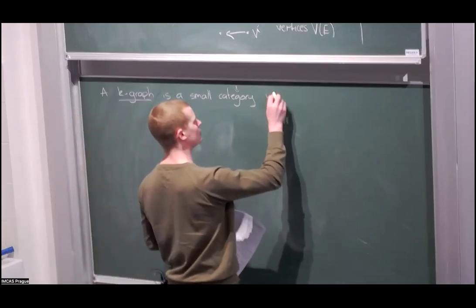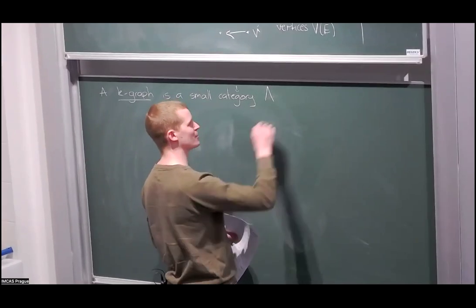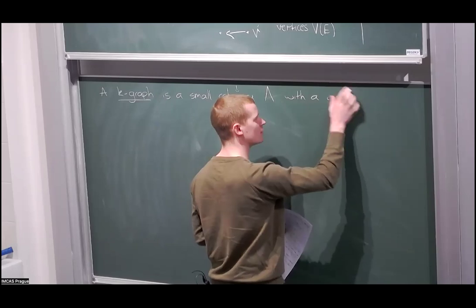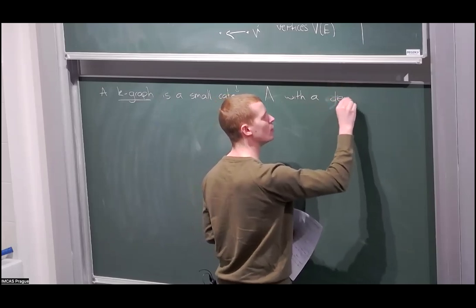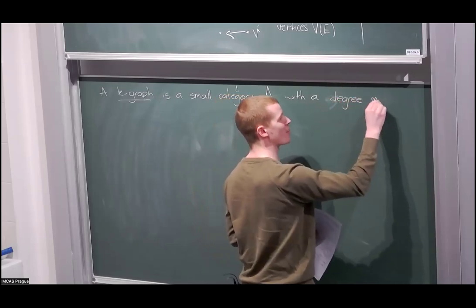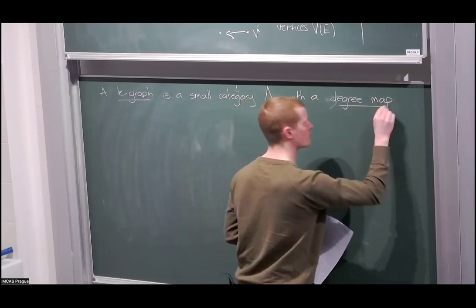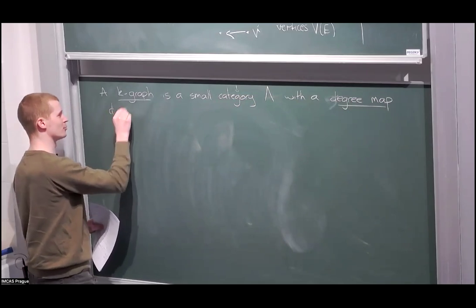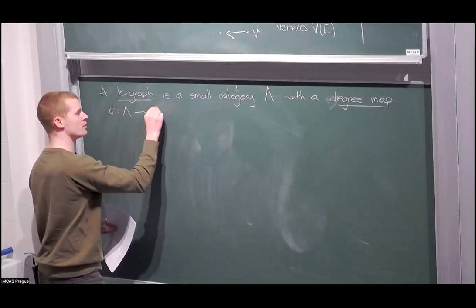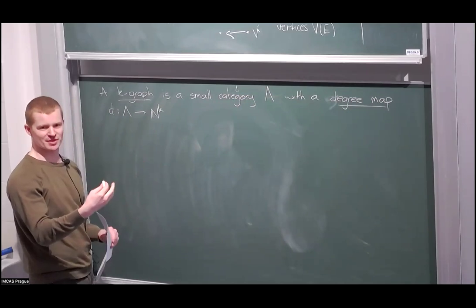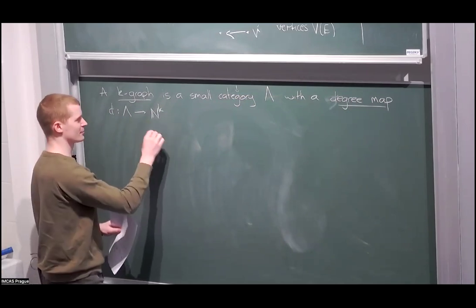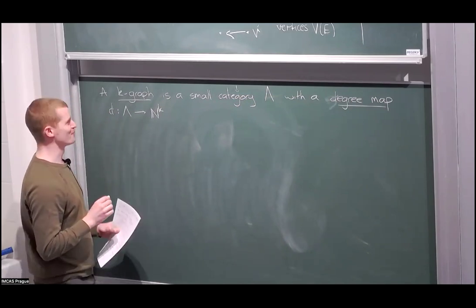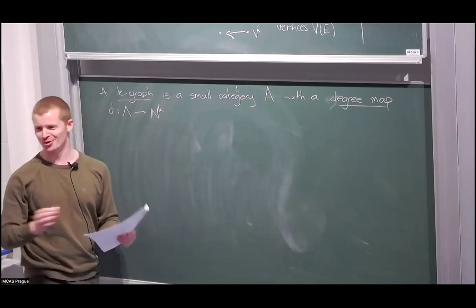And I'm going to call it lambda, with a degree map d from lambda to the k-tuples of natural numbers, including 0. Natural numbers have a 0 for today. Or always, if you're a logician.